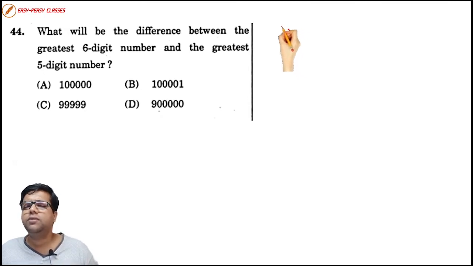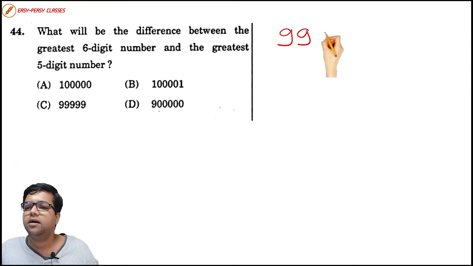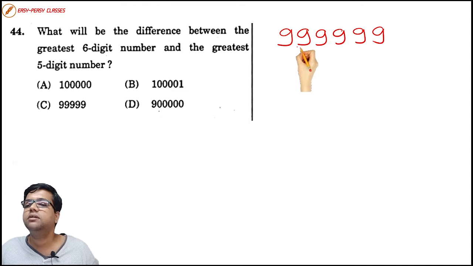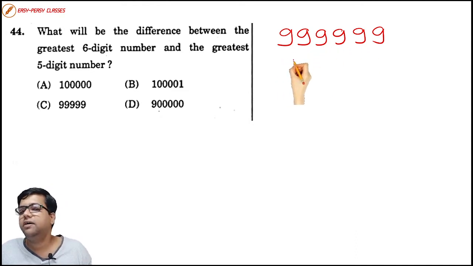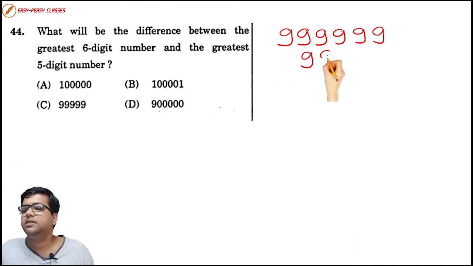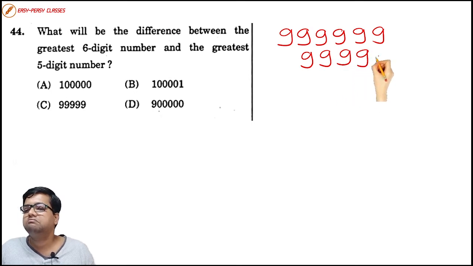What is the greatest 1-digit number? That is 9. You just have to make a series of 6 nines. That will make the greatest 6-digit number, right? Then what is the greatest 5-digit number? That is again going with 9 for 5 times.